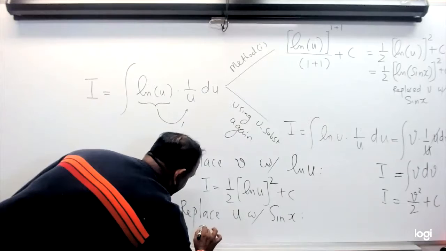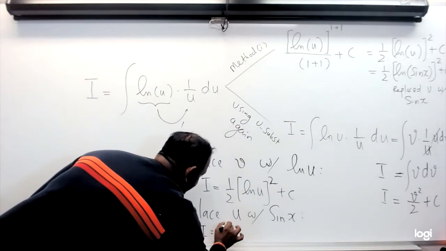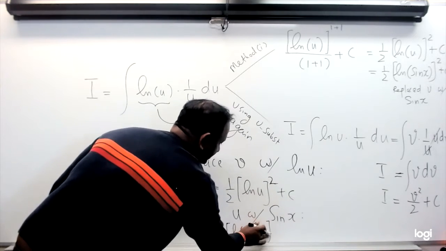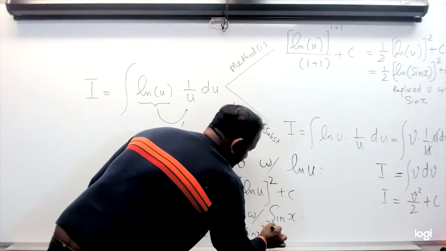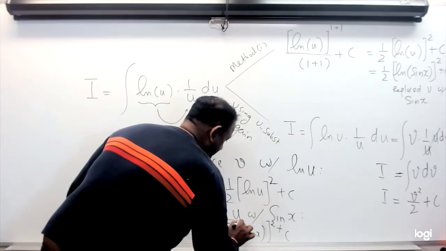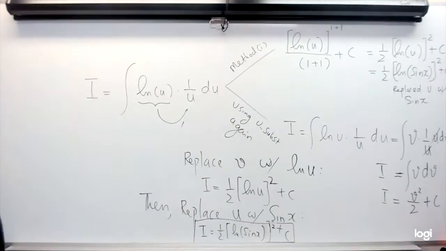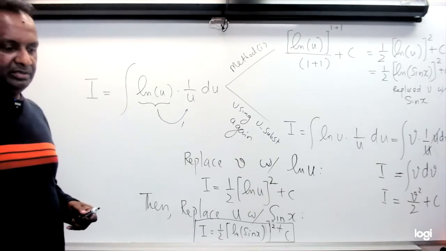Then you're going to have I is nothing but half ln sine x whole thing squared plus c. See, you're going to end up with the same answer. That's the third method. See, in 3 methods you can get this done easily.